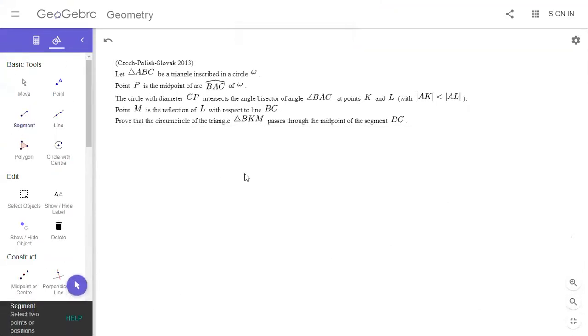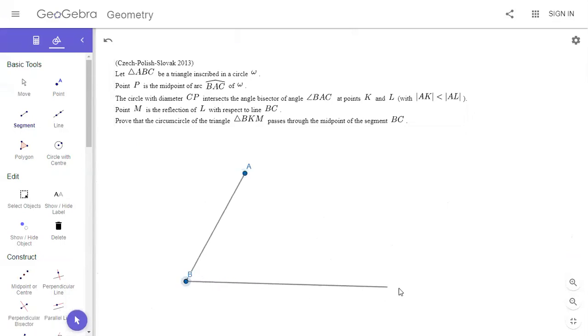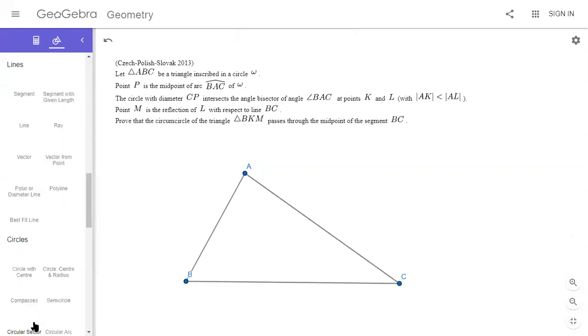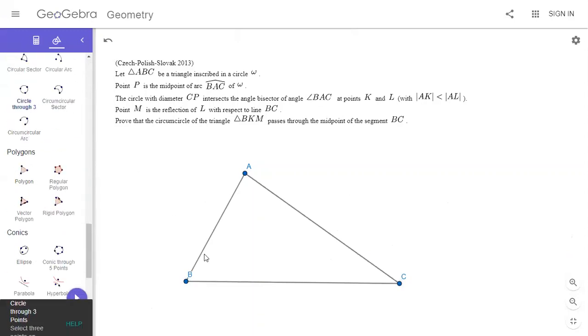Let ABC be a triangle inscribed in a circle omega, and P is the midpoint of arc BAC.